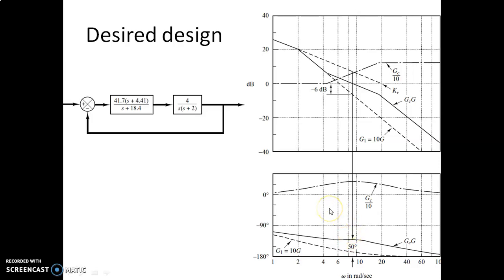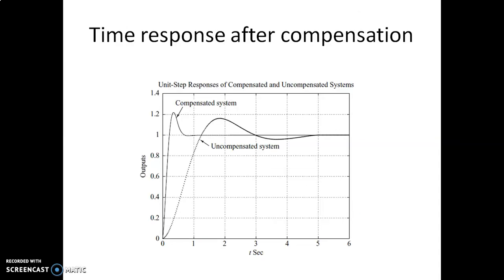This way we are able to get the desired design using compensation. And you can see this is the effect of compensation on the time response. The uncompensated response has a slightly increased rise time. Now that has been reduced.